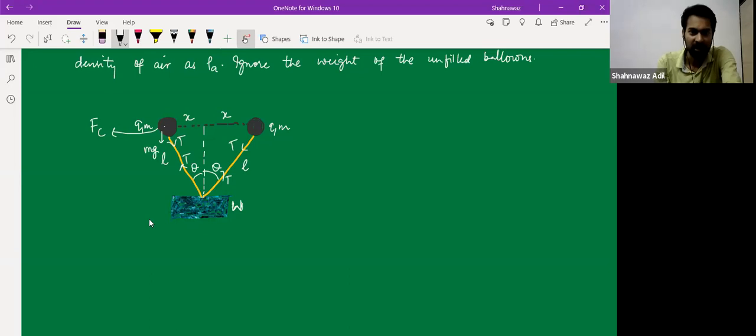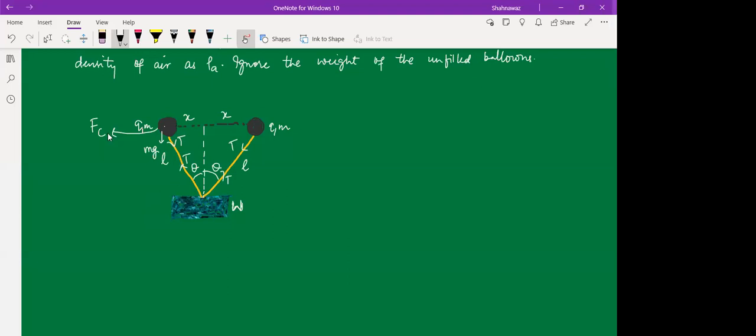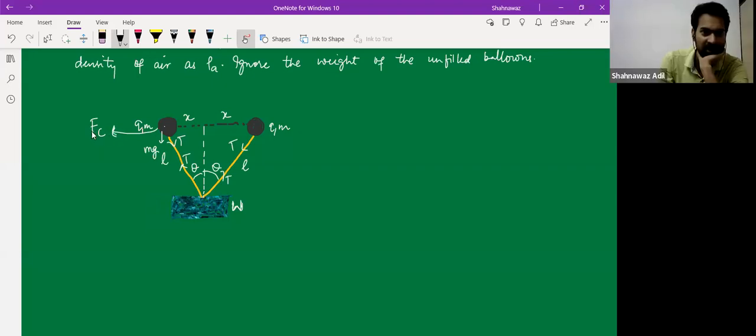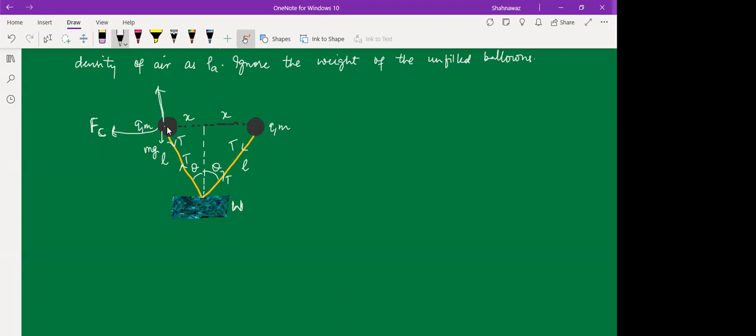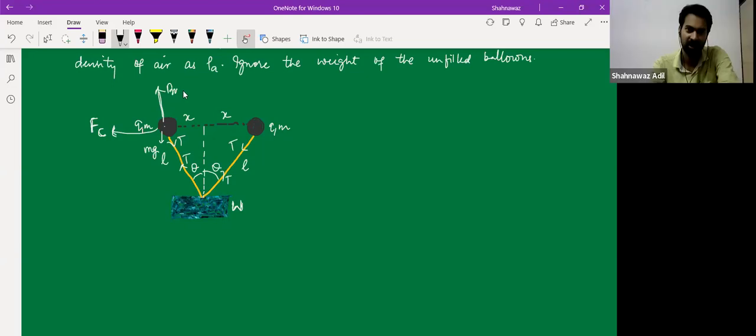And what is the force that is remaining? The charge we considered, the Coulombic force. The rest is this buoyancy, and you also have this gravitational force, since this has some mass.